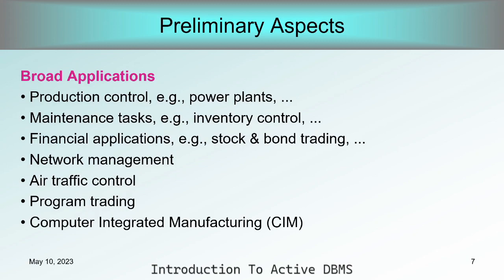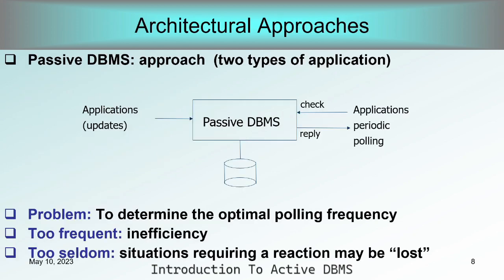Network management, air traffic control systems, program trading, and computer integrated manufacturing systems are also applications. So these are the broad applications where active DBMS can be set for reacting to certain events and conditions.